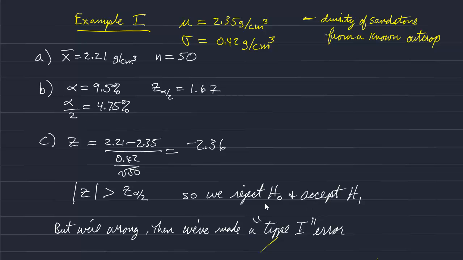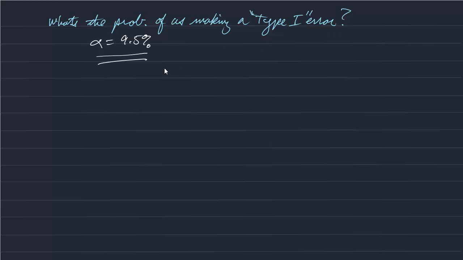And that caused us to reject our null hypothesis, which was that the sampled population was the same as the known population. And because we formulated our null hypothesis like that, we can evaluate the probability of being wrong, of making a type 1 error, which was equal to our significance level.